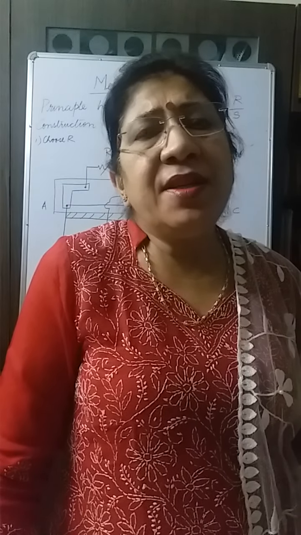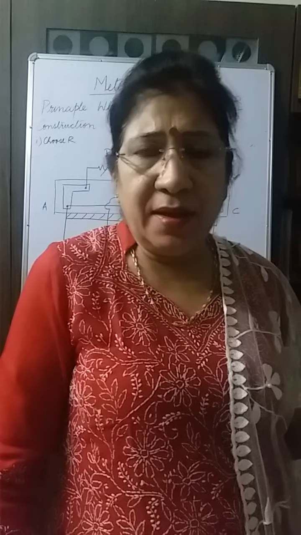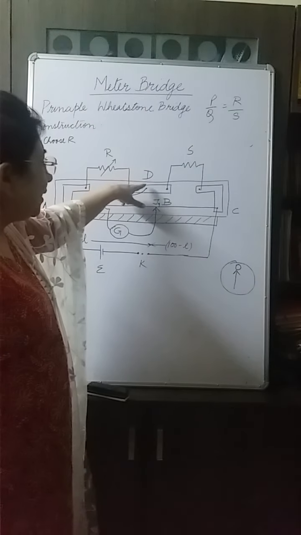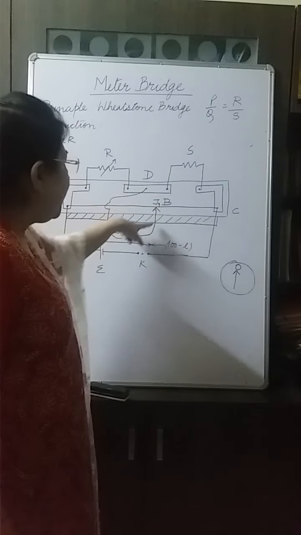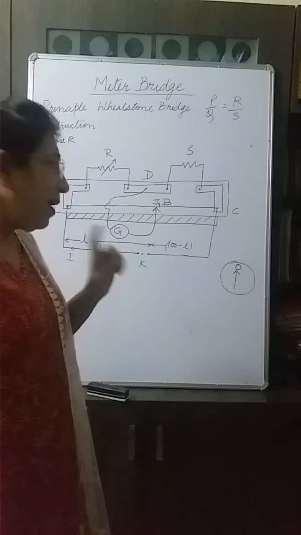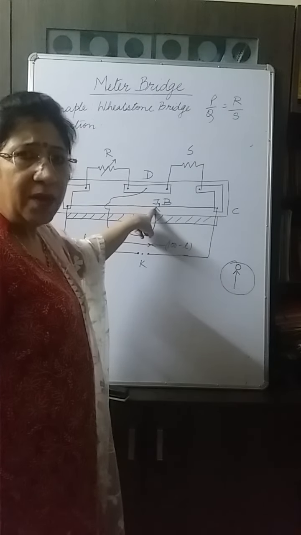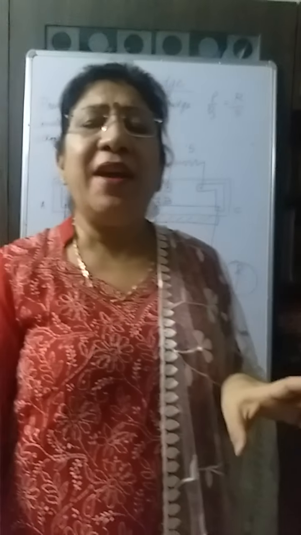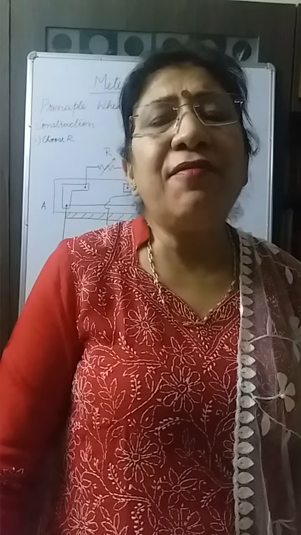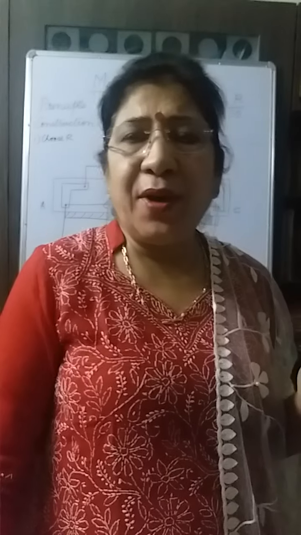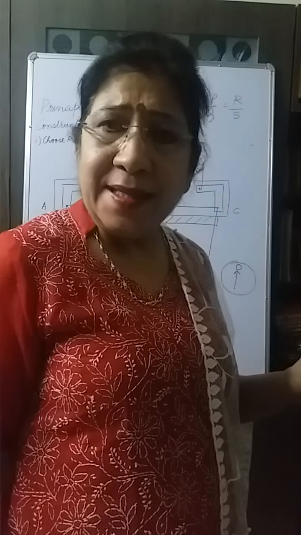Since the meter bridge is based on the null deflection method, it is very important that the current in the wire BD is 0. And by choosing this point B, where the deflection in the galvanometer has become 0, we have found the balance point. Now our bridge is balanced.